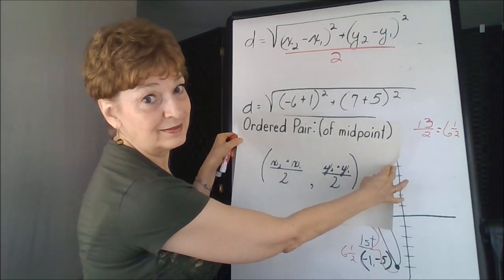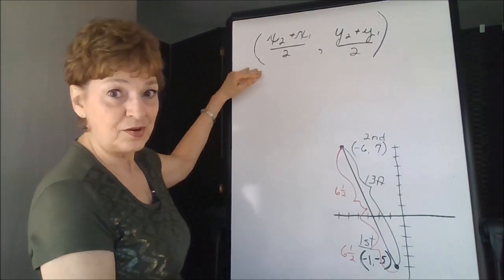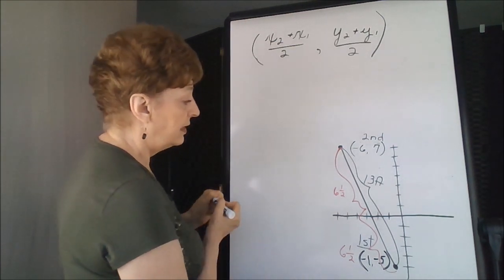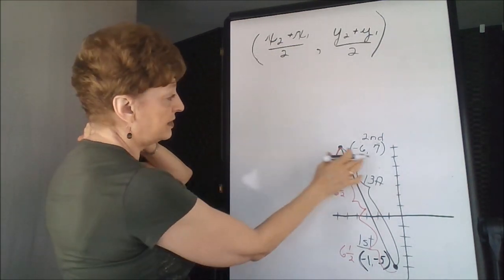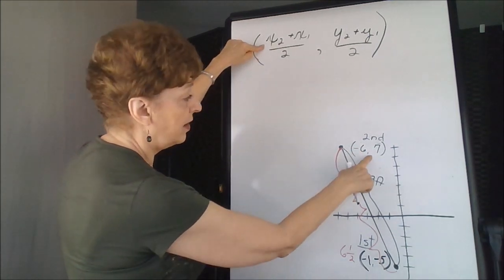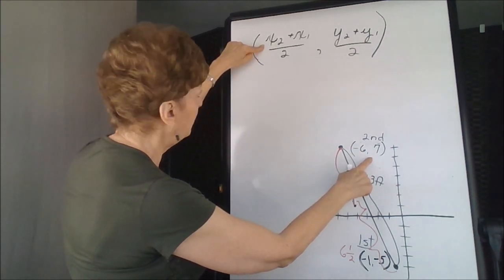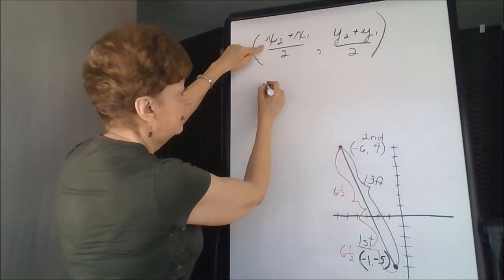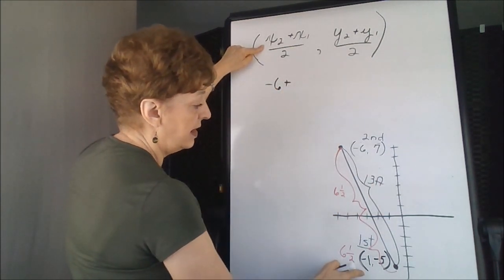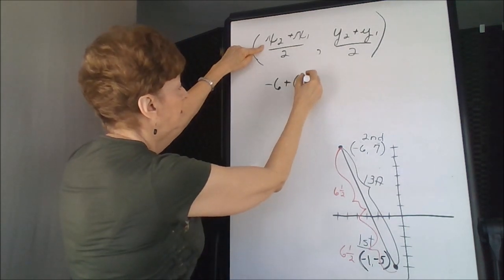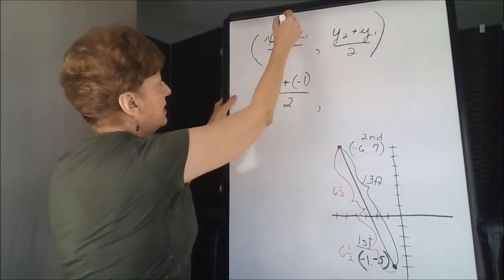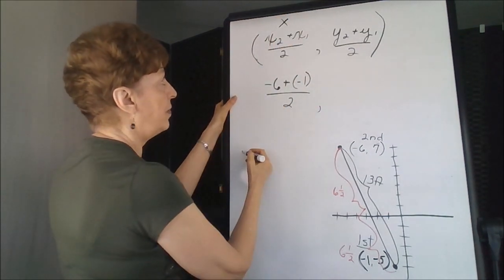This one, our ordered pair formula from your notes. We need to put in our values, again, from our endpoints. So our second point for the x is a -6 plus a -1 divided by 2. That is going to give us the x value of this ordered pair.